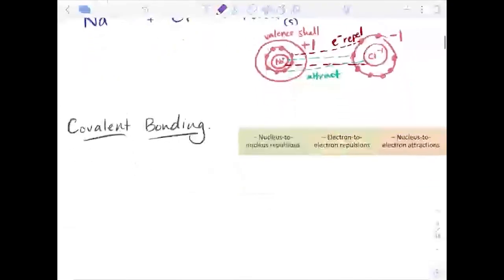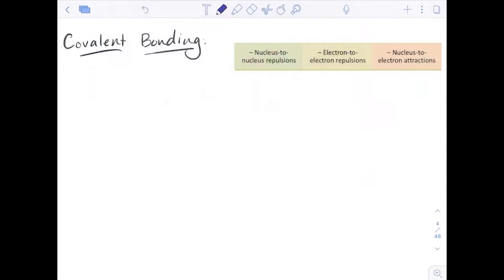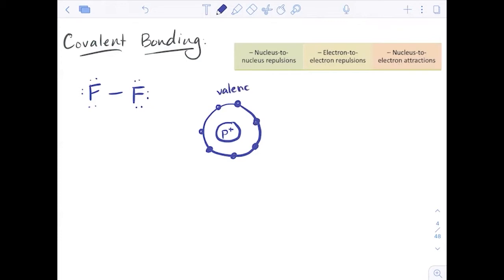Same thing with covalent bonding. We have the same idea. Now in a covalent bond, let's just look at something like fluorine diatomic. We briefly talked about these guys when we did our Lewis dot atoms, but there is an actual attraction between the protons in the nuclei of one, and I'm just going to write the valence electrons here, and there's 7 of them, and the electrons of the other.